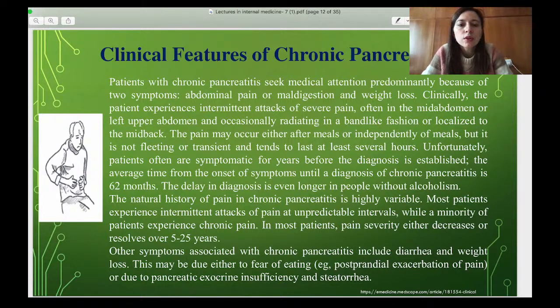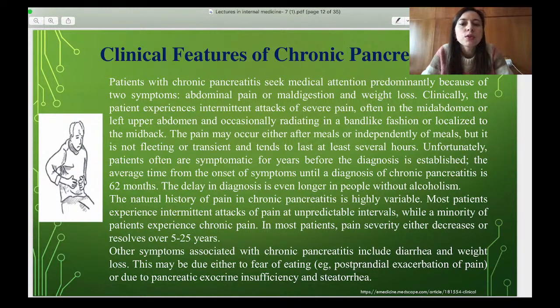Most patients experience intermittent attacks of pain at unpredictable intervals, while a minority of patients experience chronic pain. In most patients, pain severity decreases or resolves over 25 years.